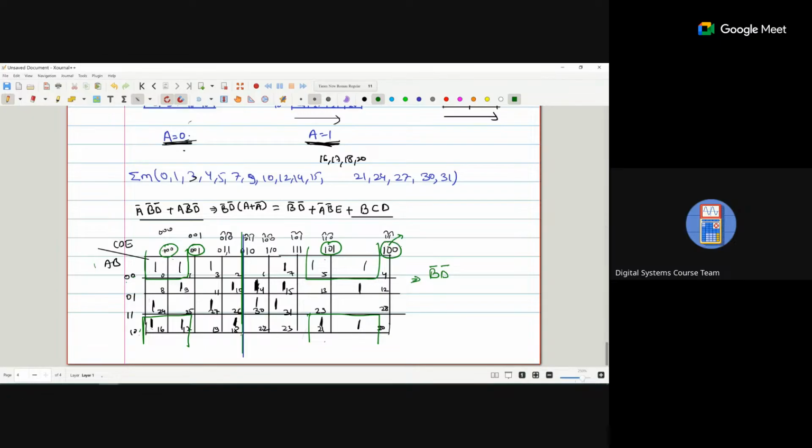Out of these four, only the middle term is constant. First term is 0 0 here, but 1 1 here. The last term is 0 1 1 0. So that means last term is also changed, first term is also changed. Only the middle term is 0, that is constant. So I can create a group of B bar D bar. So you can solve in that way also.